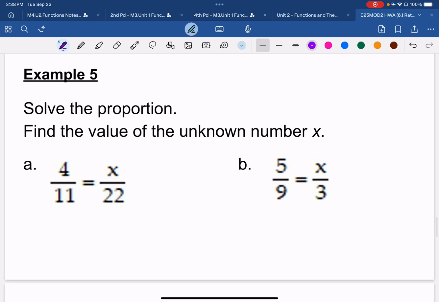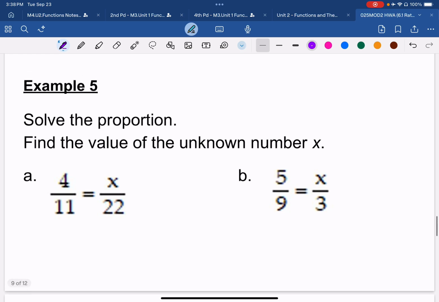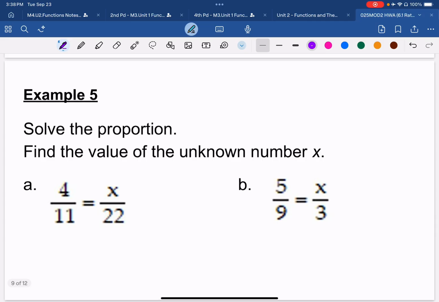So if we wanted to solve a proportion, that means we're going to find that value of whatever that unknown piece is. In this case, that missing piece is x. And so what we're going to do is what's called cross multiplication. So our operation is multiplication, okay?